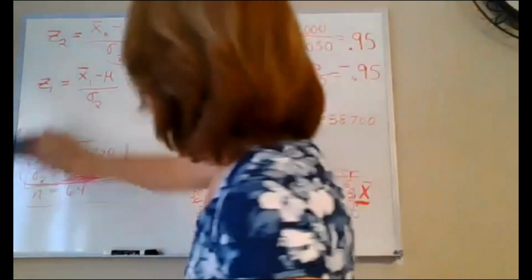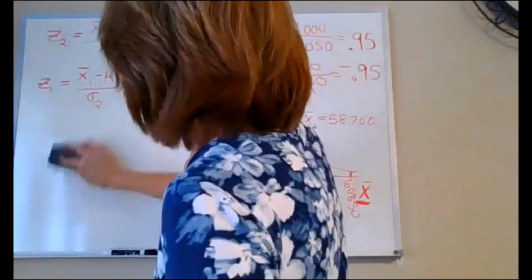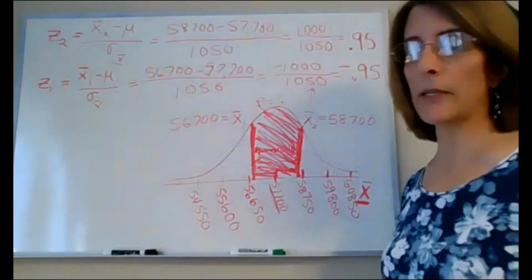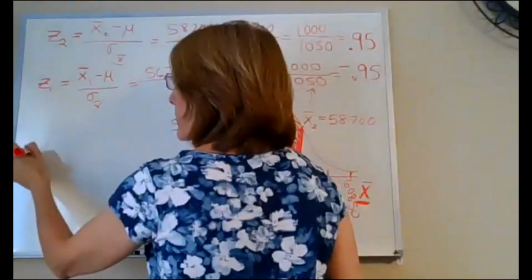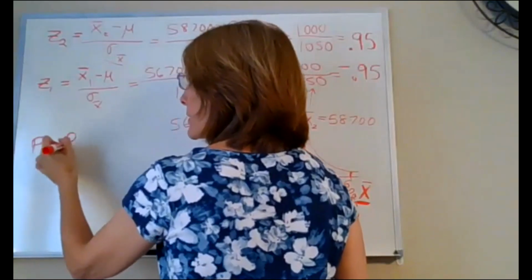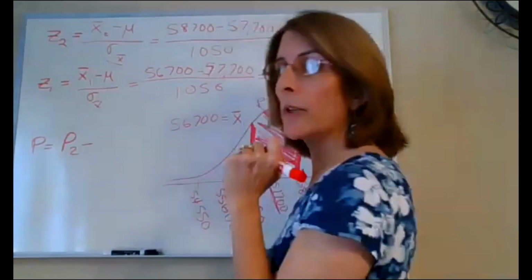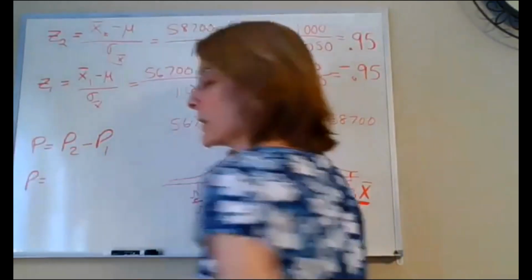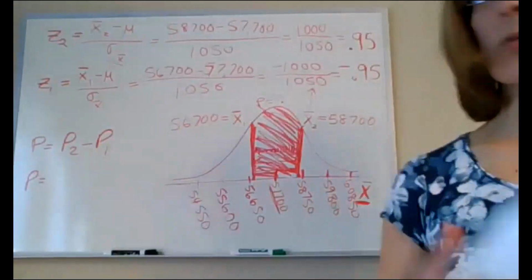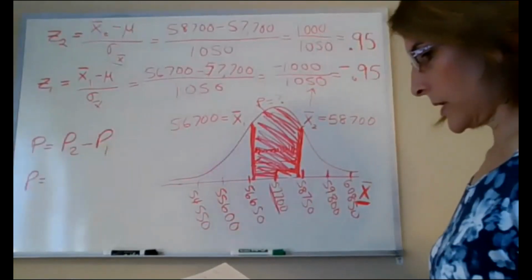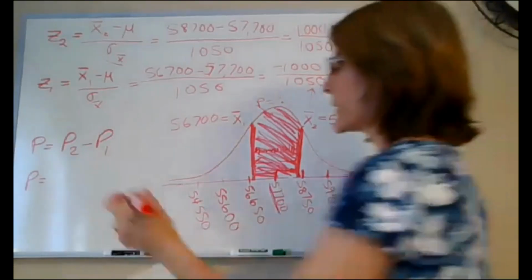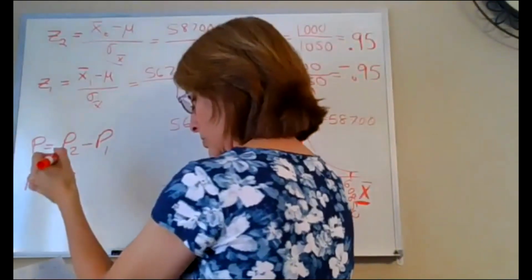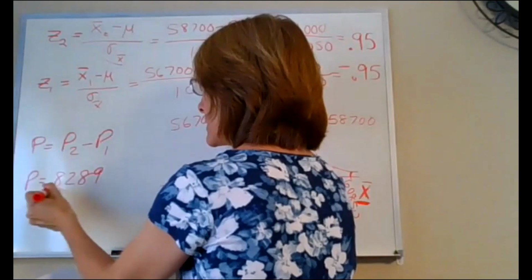So now that I've gotten these two Z values, I can finish it up and get the probability. Because the final probability will be the probability of the larger Z minus the probability of the smaller Z. And in this case, when you look up 0.95, we get 0.8289.